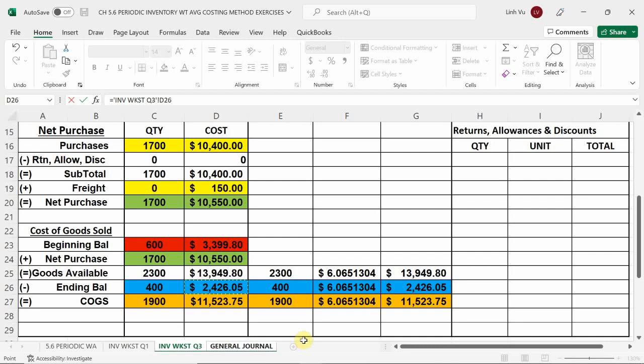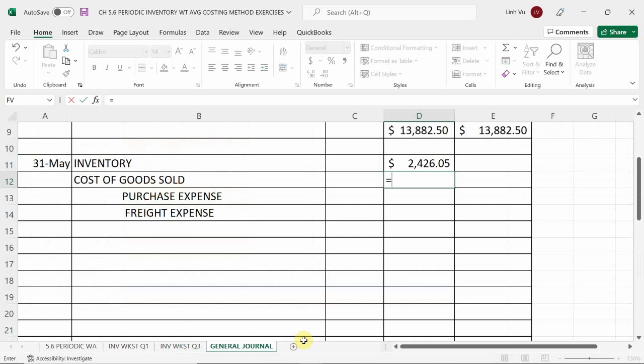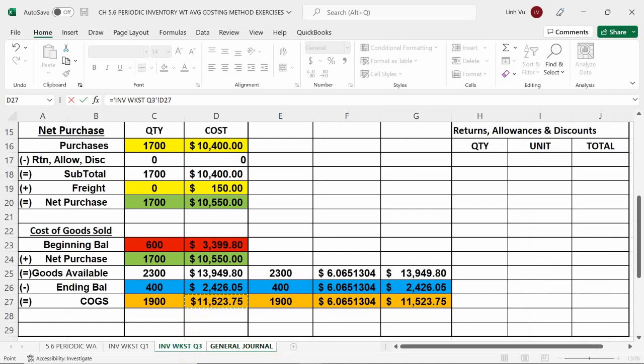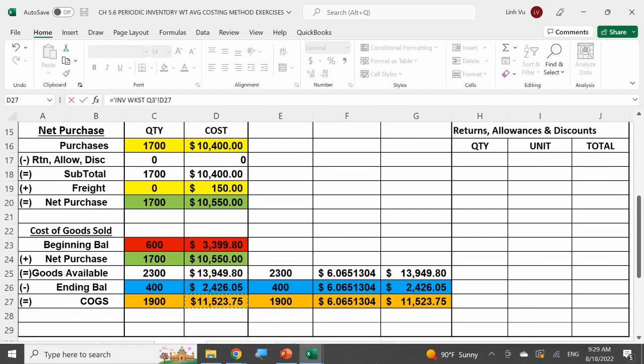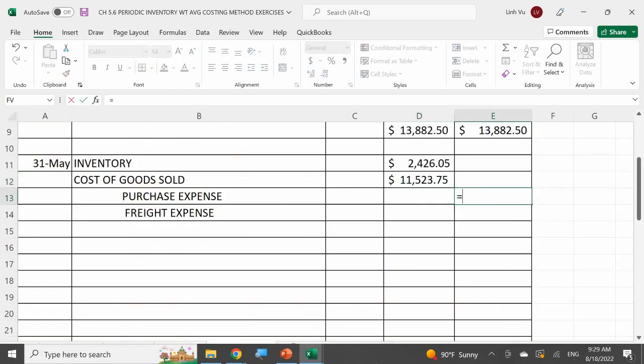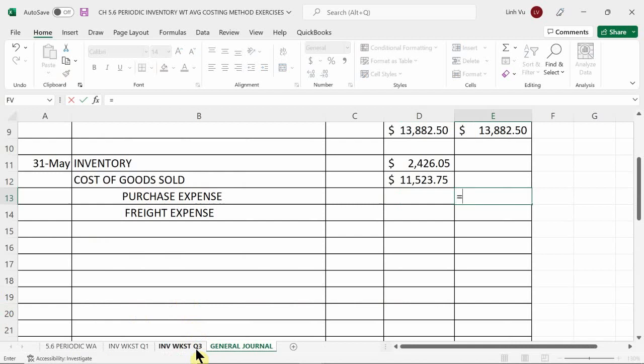We're talking total cost. 2,426. Good. What was my total value of my cost of goods sold? 11,000. Good.